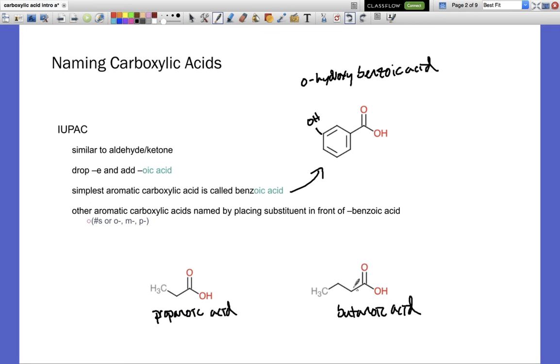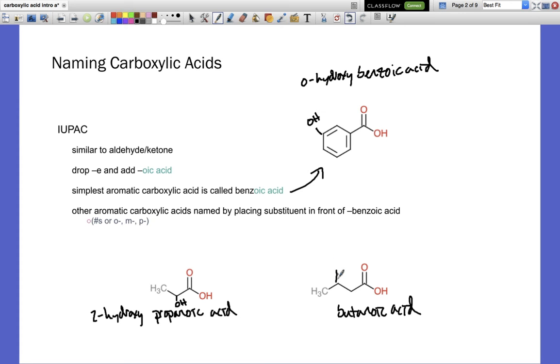butanoic acid. But if I have the IUPAC names and say I added a branch onto these things, say I added a hydroxyl group right here to this propanoic acid, right? My old rules would tell me to just say, oh, 2-hydroxy in front, propanoic acid, and that's correct here.